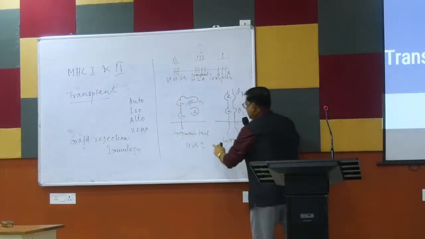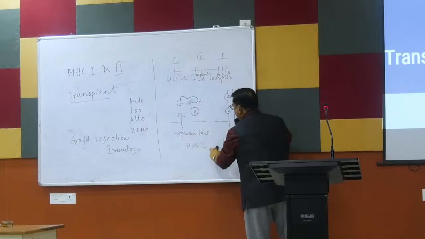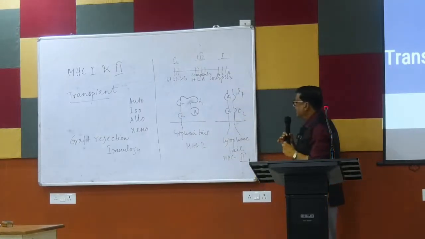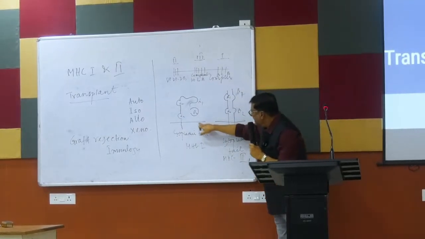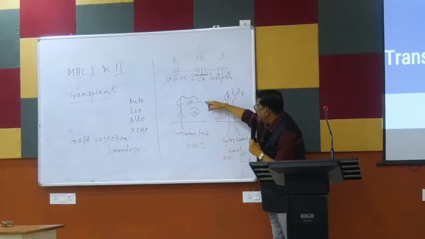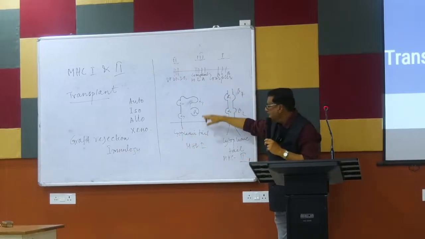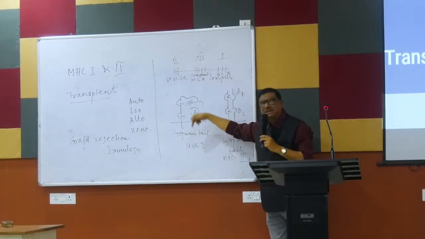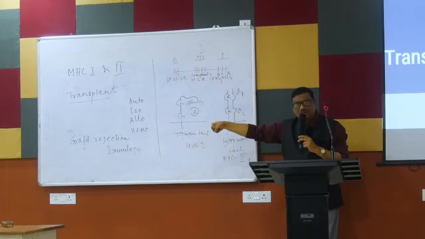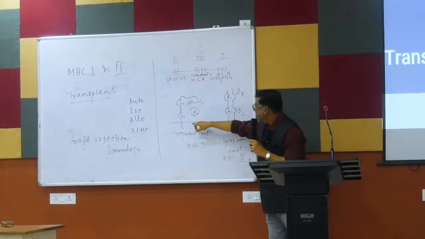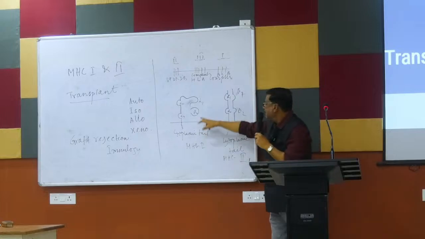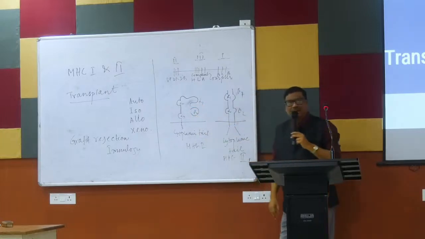Now, what about the structure? The MHC1 structure: if you see, this is the cell. Outside the cell, MHC1 is displayed, and the cytoplasmic tail is anchored in the cytoplasm. Outside the cytoplasm, the alpha chain and beta chain are there.